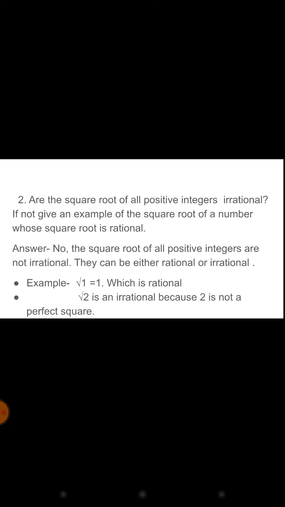Similarly, if we find the square root of 3, we get a non-terminating and non-repeating decimal, so root 3 is irrational. But the value of root 4 is 2, so that is a rational number. So we can say no, the square roots of all positive integers are not irrational.